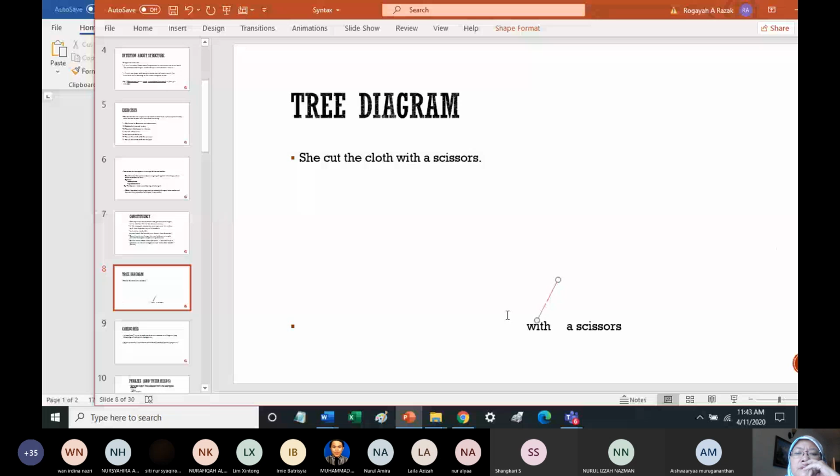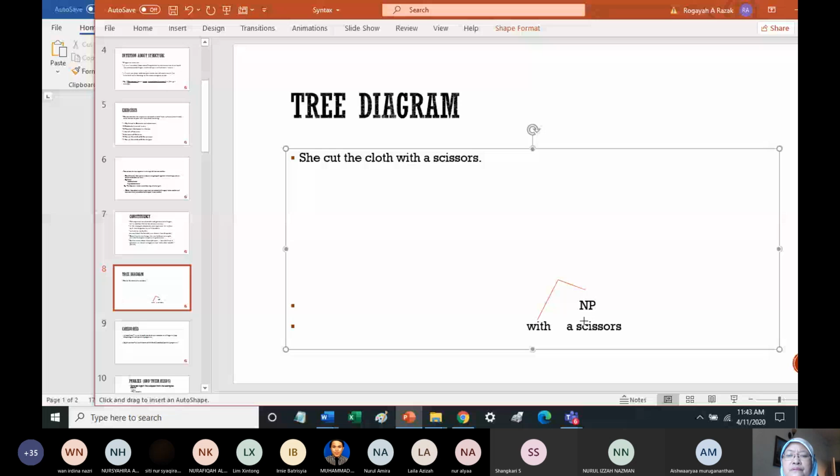But actually before this, there's another structure there, right? If you draw it by a pencil, it's very fast, but I'm using this, it is quite slow. This is an NP here. NP is noun phrase. I'm just going to draw like this.